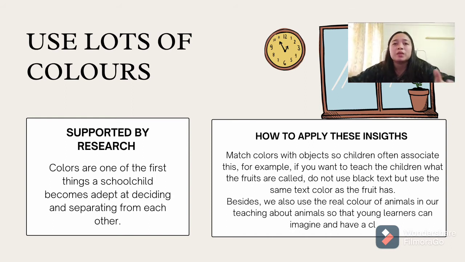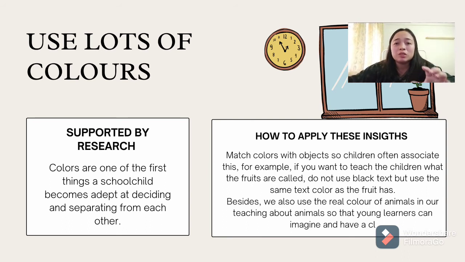For example, if I want to teach the children what the fruits are called, I don't use black text, but use the same text color as the fruit has. This can promote the child's learning by linking the words to an image.